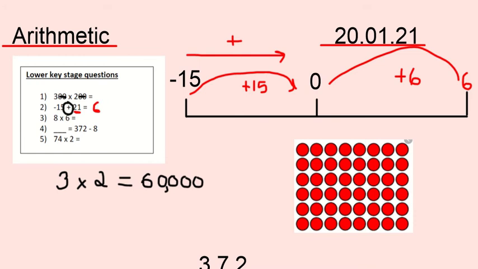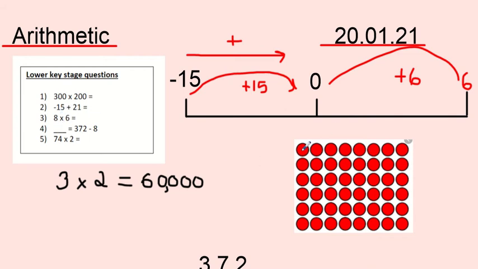Let's have a look at number 3 then. Let's rub that black line out so we can see it clearly. On to number 3, 8 times 6. Now, if you don't feel very confident with your tables, you can always draw an array to help you. And so we're doing 8 lots of 6.